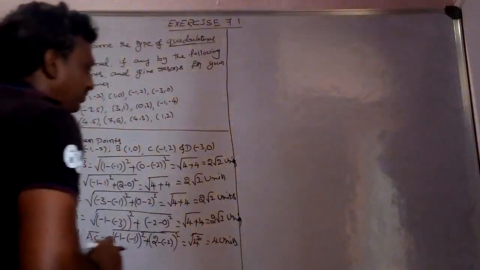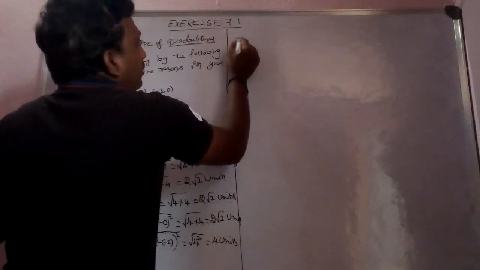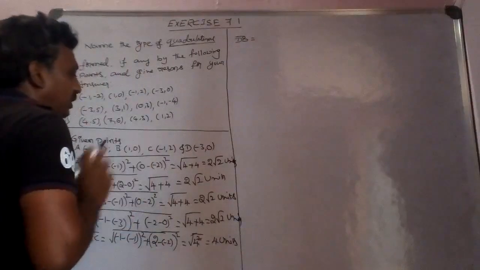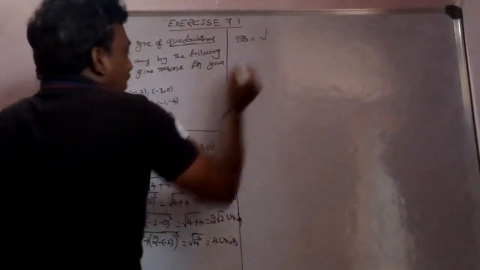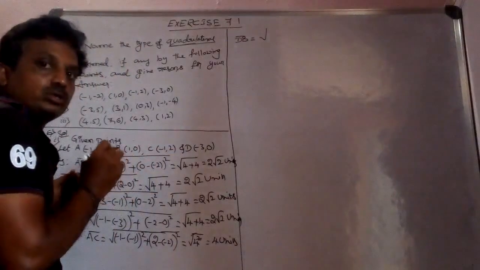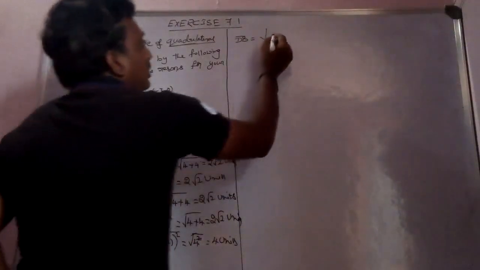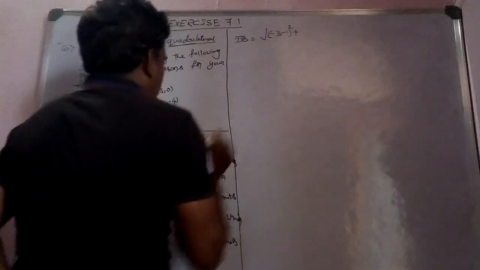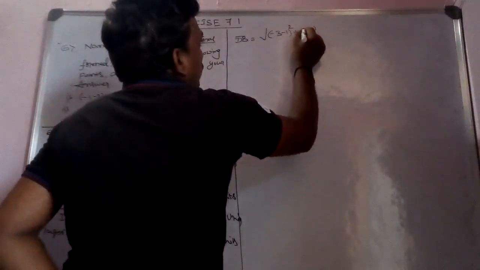Next, AC finished. Now DB, the distance of DB. What is the DB value? Same formula: square root of (-3 minus 1) whole square plus (0 minus 0) whole square.